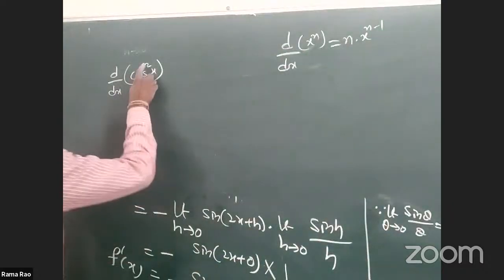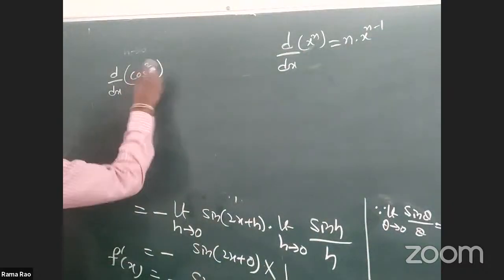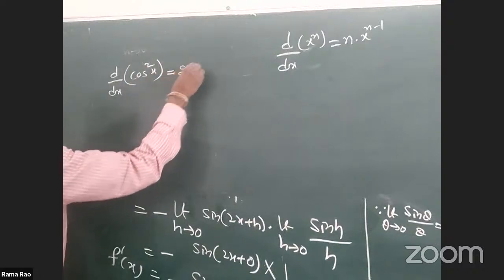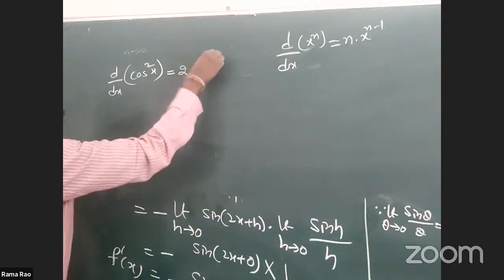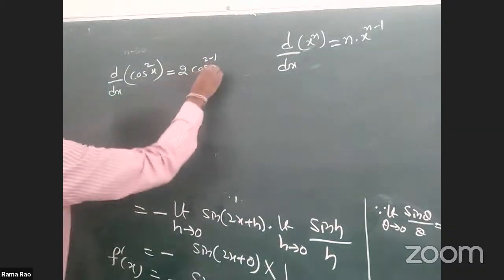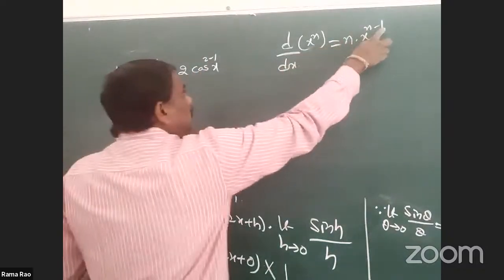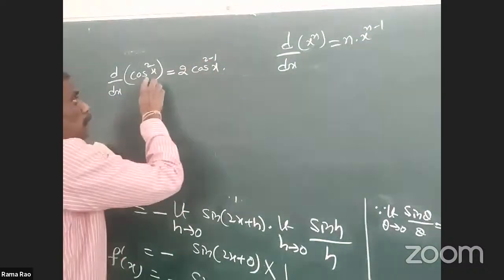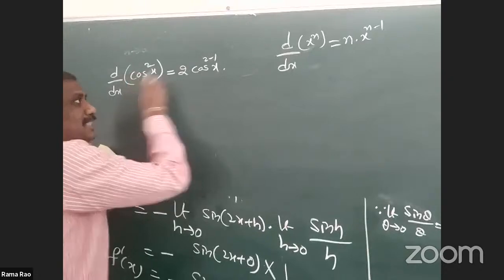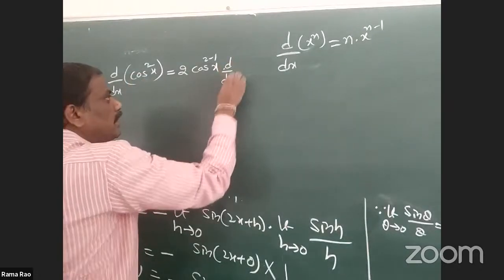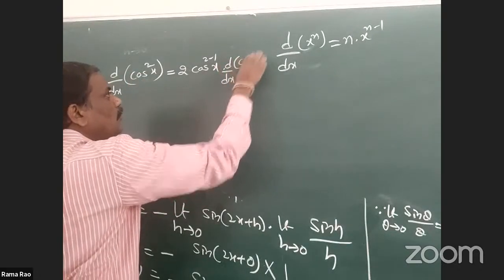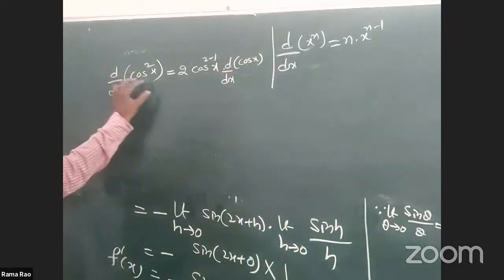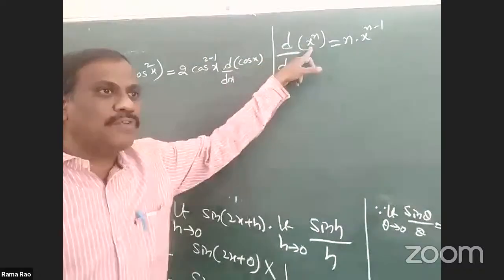This is the form of x square, where the exponent is 2. You can write 2 into cos to the power of 2 minus 1, into d by dx of cos x. Am I clear? This is in the form of x to the power of n.